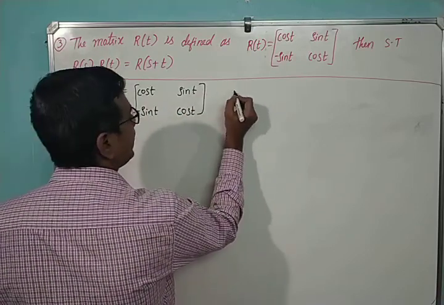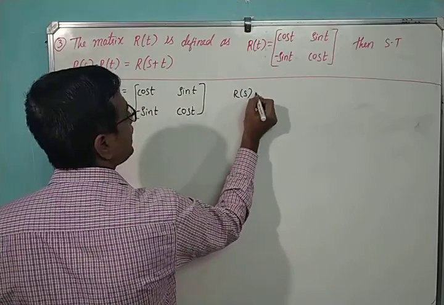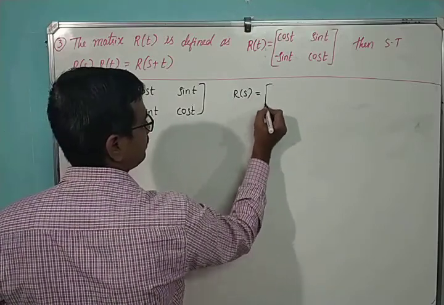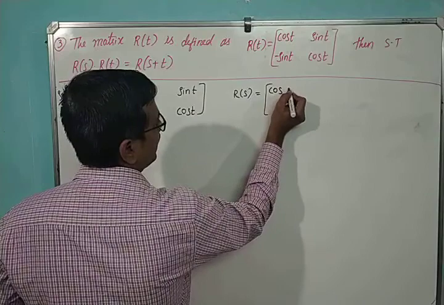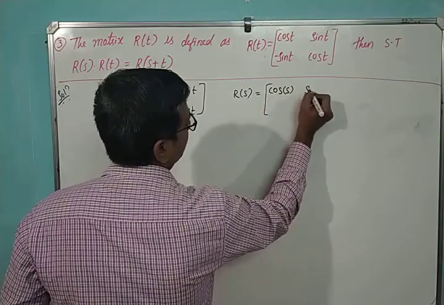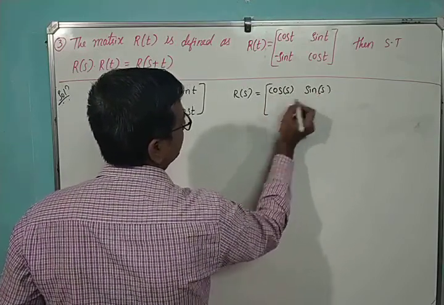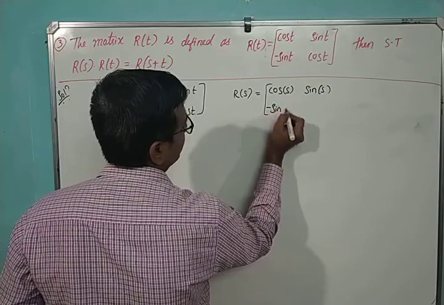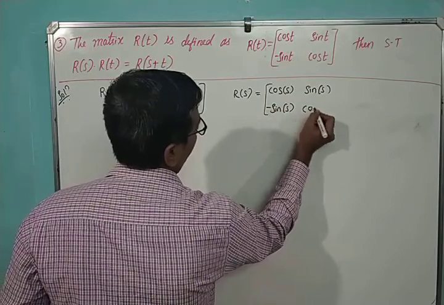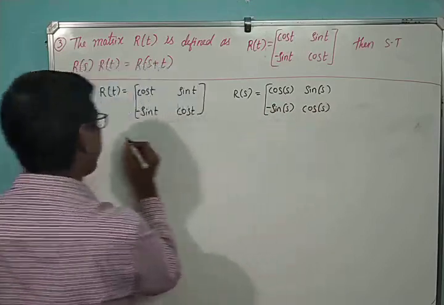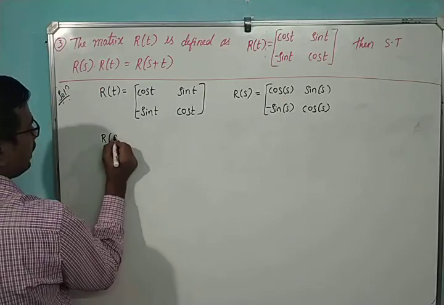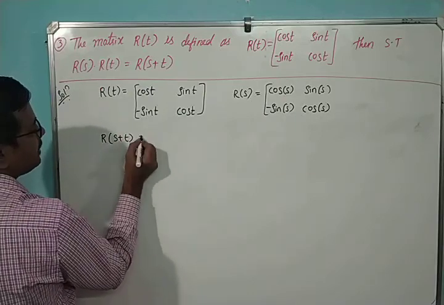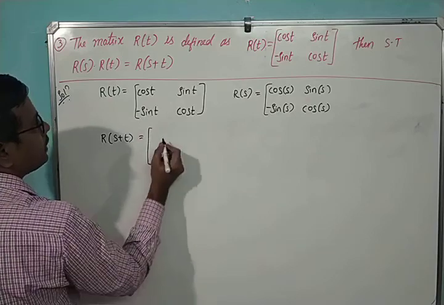Okay. And R of s will be what? Cos s, sin s, minus sin s, cos s. And R of s plus t will be how much?